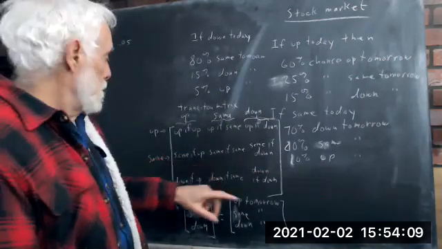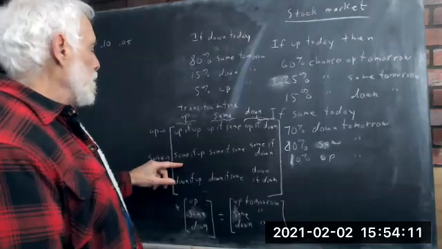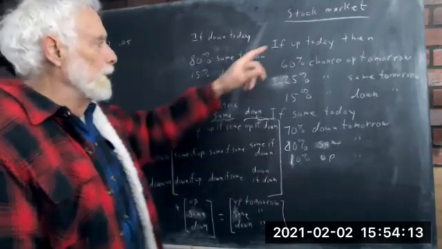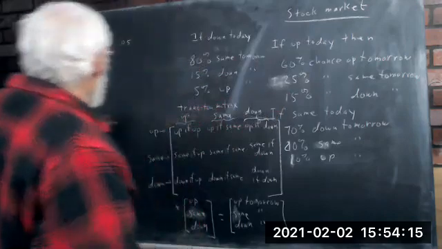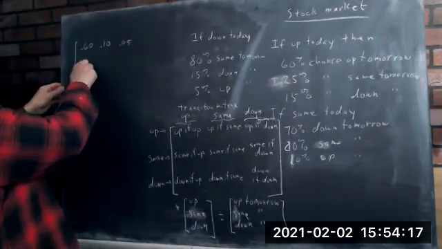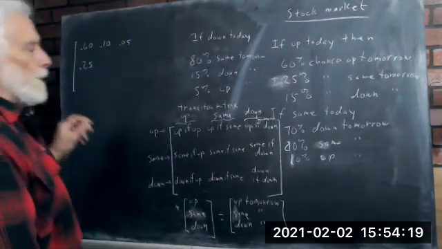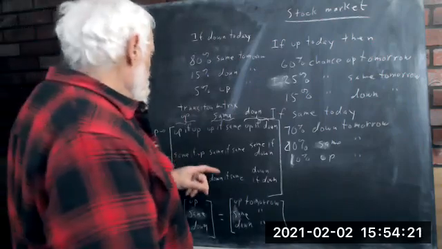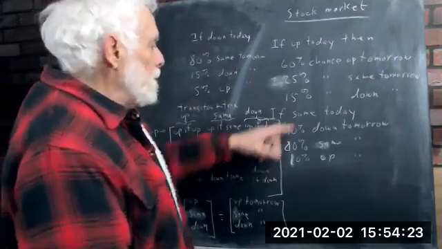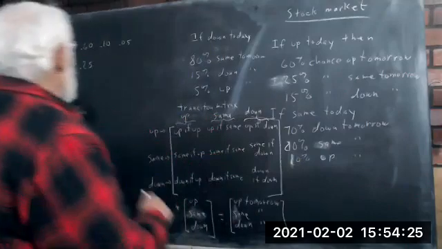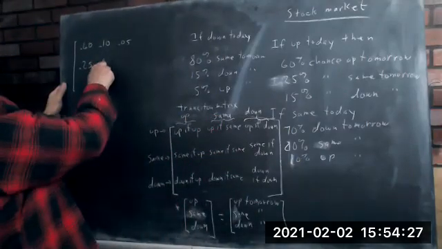Now here, what's the probability it's same if it's up? Well, if it's up, there's a 25% chance that it'll be the same. Same if same: if it's the same, there's an 80% chance that it'll stay the same.